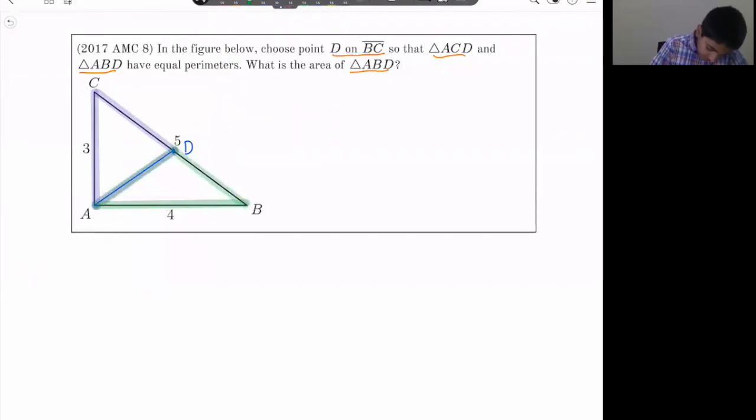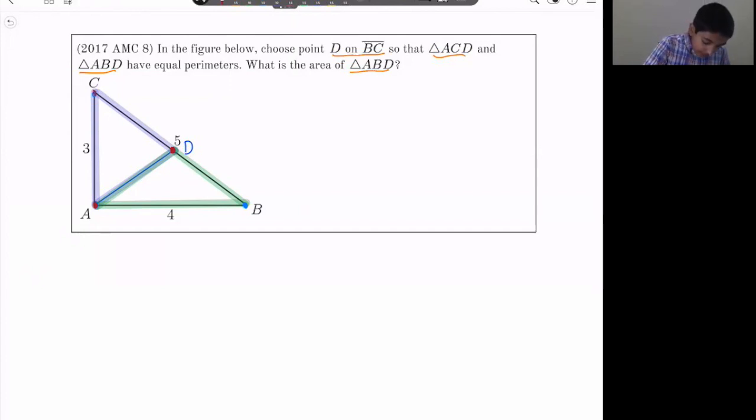These two triangles have equal perimeter, so we can think about that since AB is 1 longer than CA. We can see that AD is common. AD is equal for both triangles. So that's the same, so we don't really care about AD. We can see that this AB is 1 longer than CA.